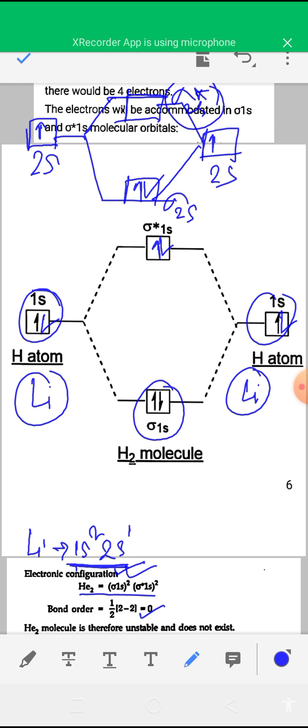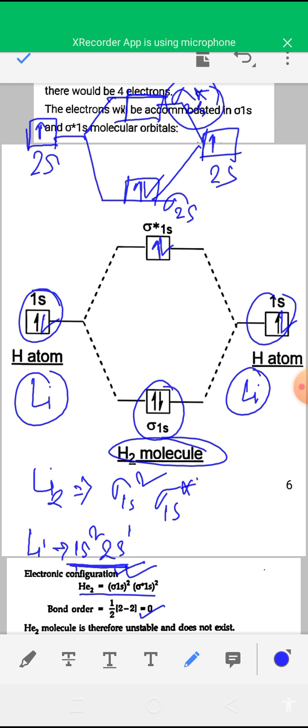So the molecular orbital electronic configuration of the Li2 molecule is: in sigma 1s 2 electrons, in sigma star 1s 2 electrons, in sigma 2s 2 electrons. So a total of 4 electrons in bonding molecular orbitals of the lithium molecule and 2 electrons in anti-bonding molecular orbitals.